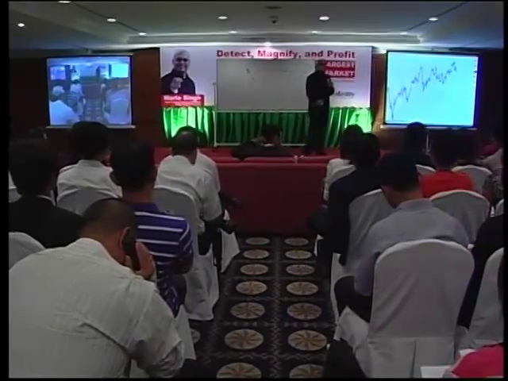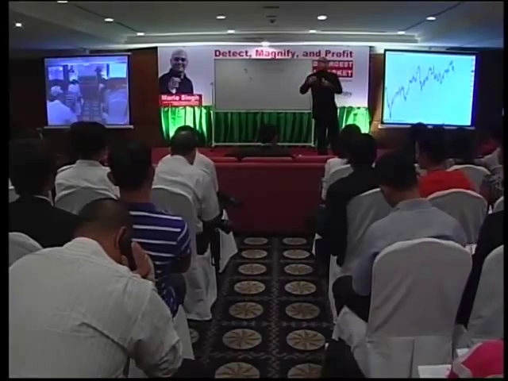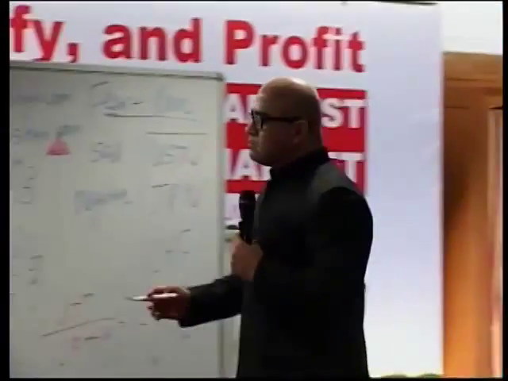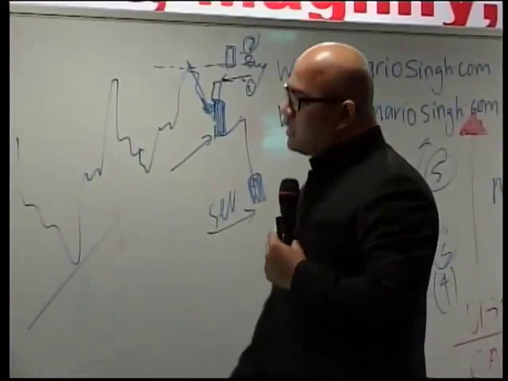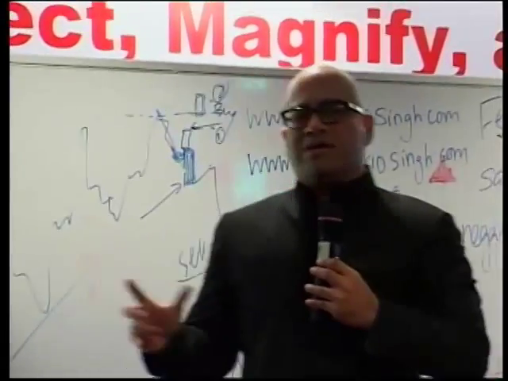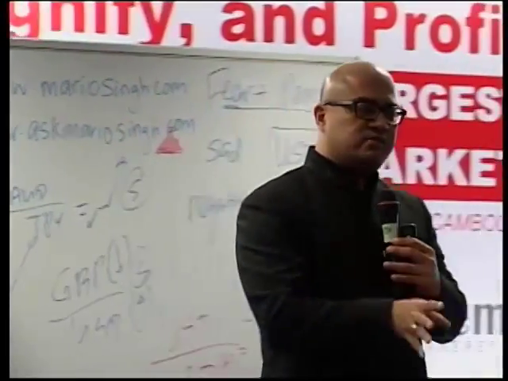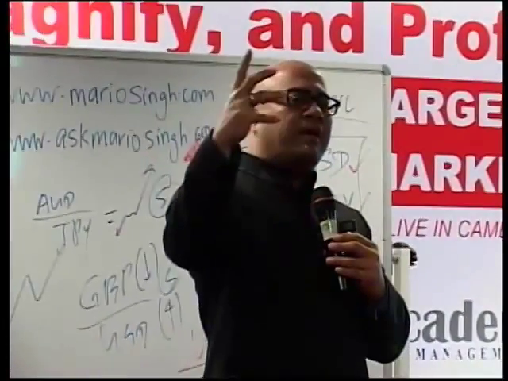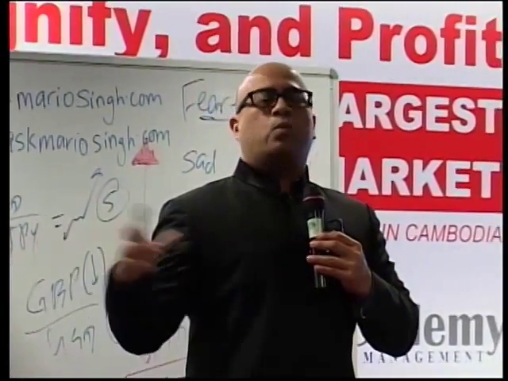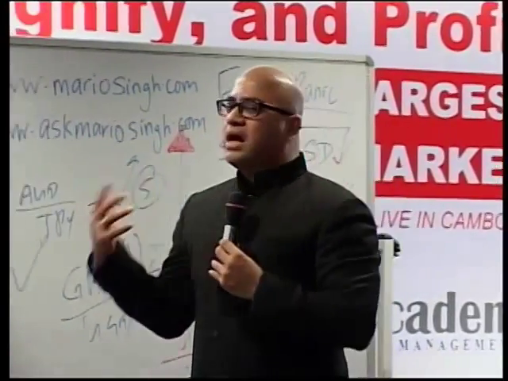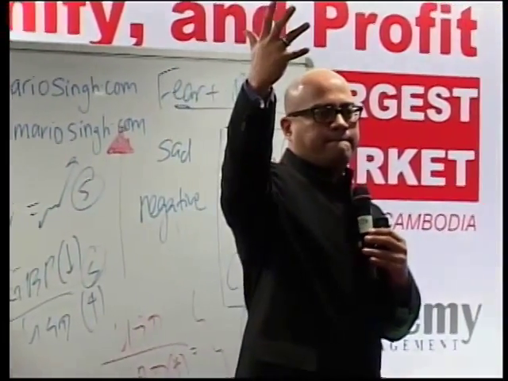Okay? Now let's talk a little bit about policies. The euro is slightly harder to trade this year because there is a chance it can go up, there's a chance it can come down. Why? Let me tell you the reason why it may go up.